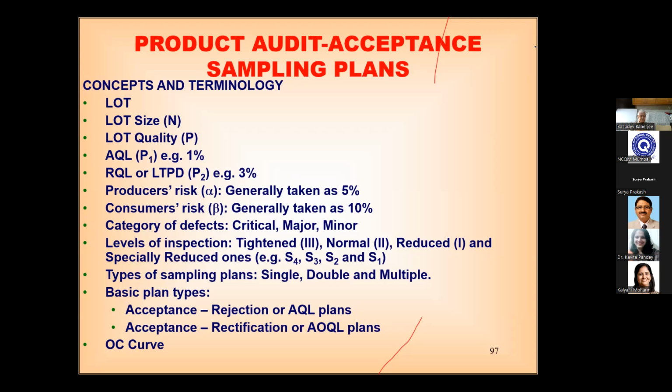Then acceptance rectification, because you reject some lots in-house, then try to sort them out and send the good ones. That is average outgoing quality limit plans, AOQL plans. That gives more protection to consumers. AQL plans give more protection to the manufacturers.